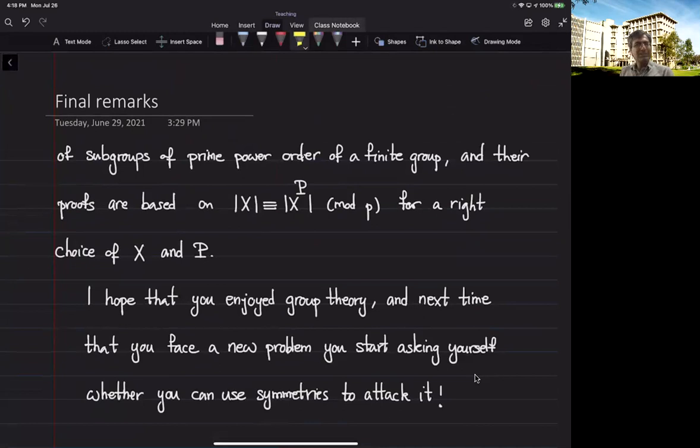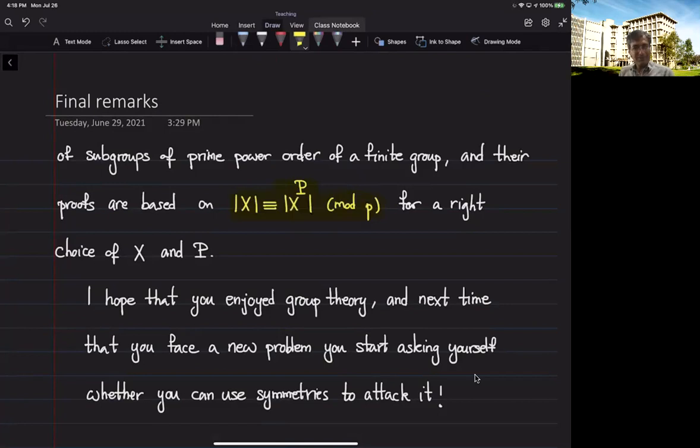We are not going to discuss Sylow's second and third theorems, but I just want to point out that their proofs are also based on the fact that the cardinality of a set X is congruent to the cardinality of the fixed points of an action of a group P, where the cardinality of P is a power of the prime number p. So this is an extremely important result which has many implications.